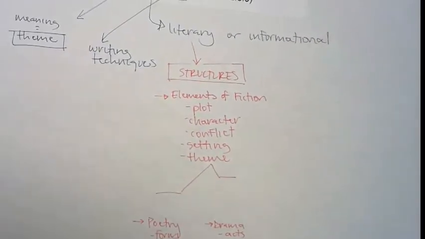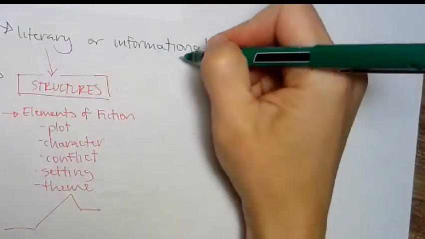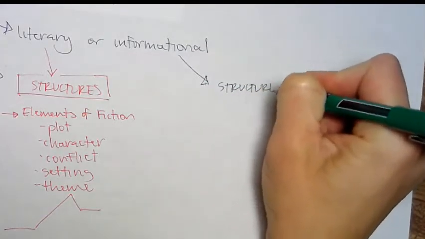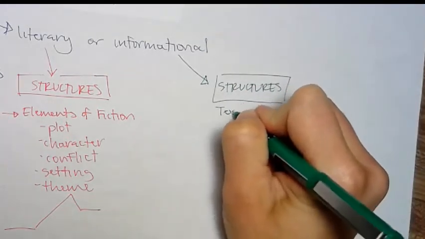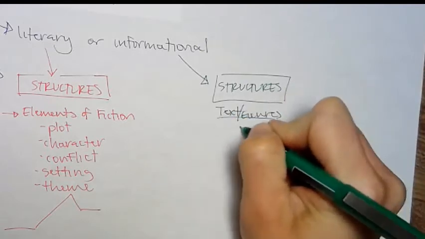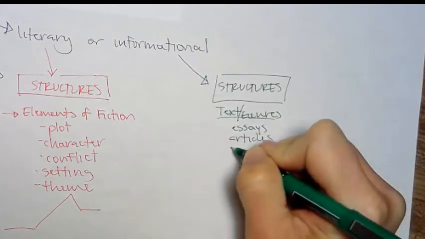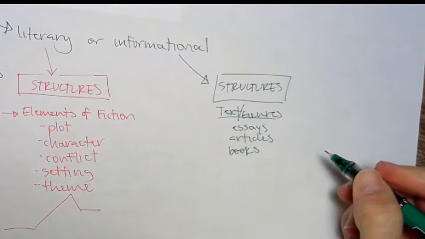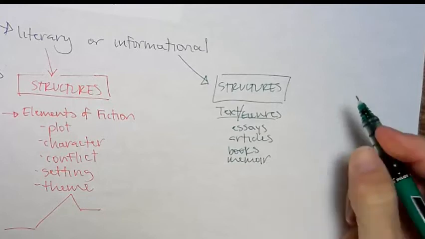Let's also consider structures of informational text. So, structures of informational text. When we're talking about informational texts, we're talking about genres like essays, articles, nonfiction books, even memoir would actually be considered informational.